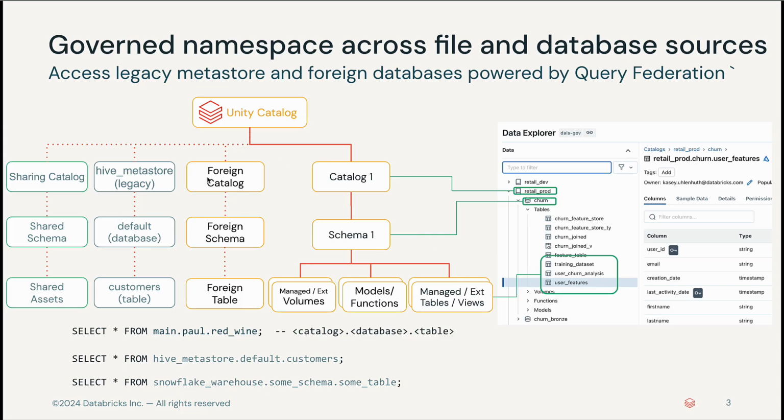We also saw how we could connect to other foreign assets like Snowflake or Redshift with our foreign catalogs, and leverage those same security functions and permissions on top of those foreign tables that are federated. And then we also saw how we could integrate shared catalogs via delta sharing into our Metastore here and leverage that information along with all the other rich data that we've curated for our business users to consume.